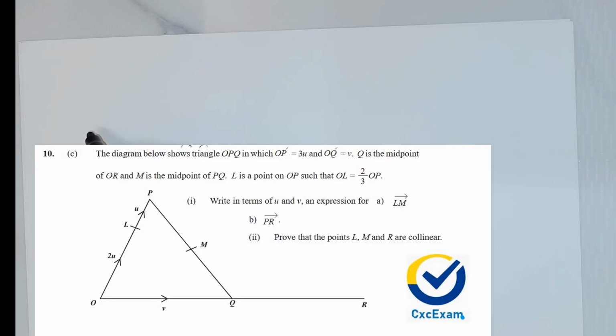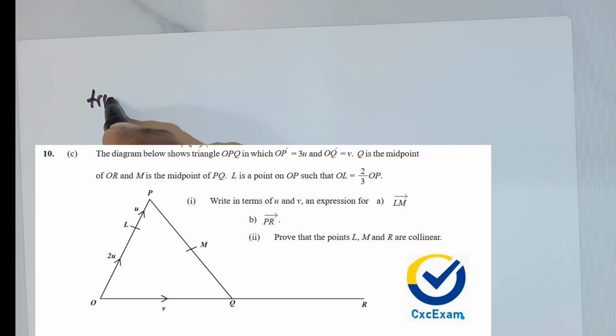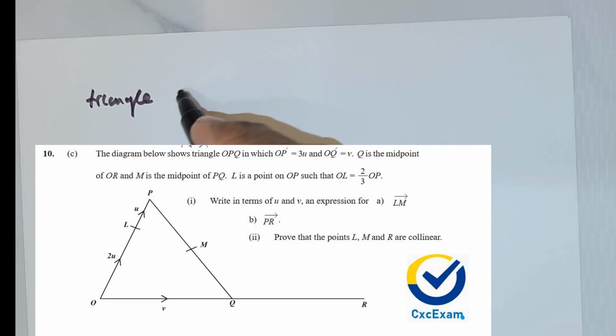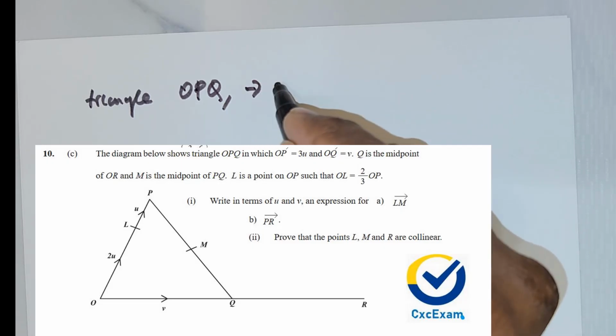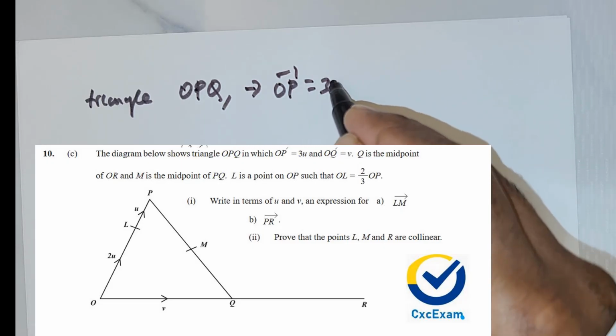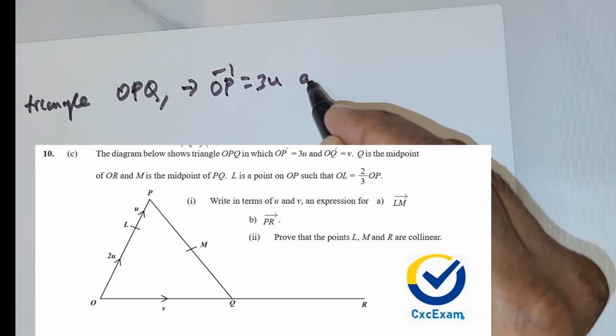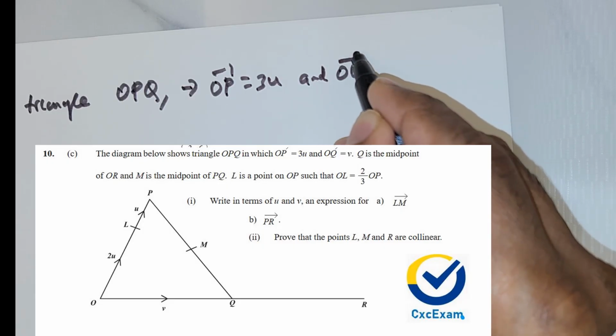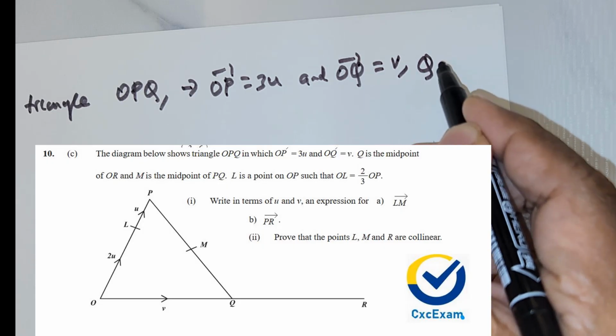Now this is the next question. We are given a triangle OPQ such that OP vector is 3 times u and OQ vector is v.